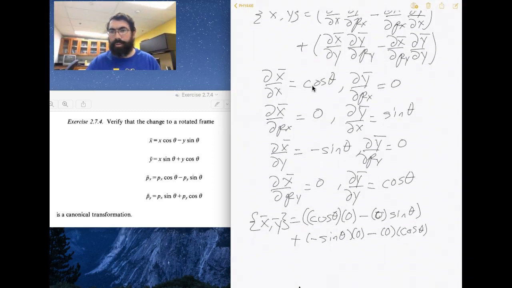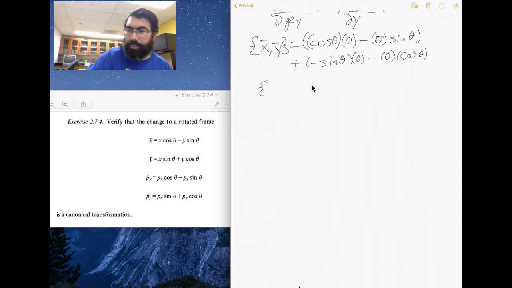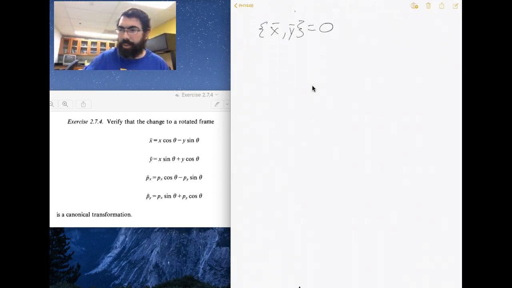So there's a 0 multiplied by every single term, and so sure enough, the Poisson bracket of x and y is 0. So that first Poisson bracket works out to be 0. Now we can work out the Poisson bracket for the momentum.